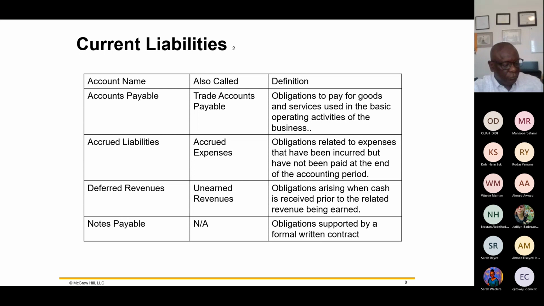Anybody with an answer? It's when the company purchases goods or services to use in operating activities.